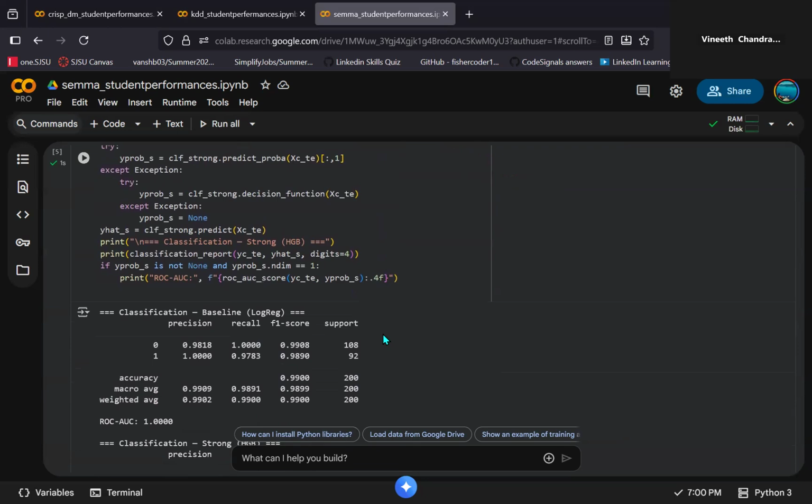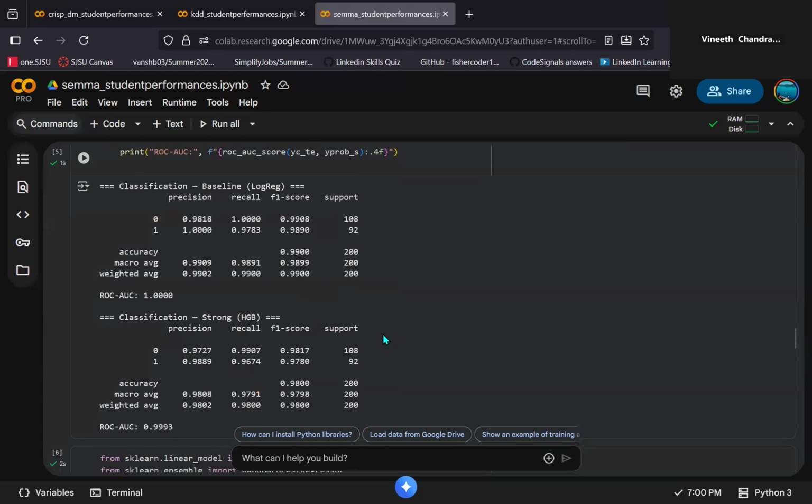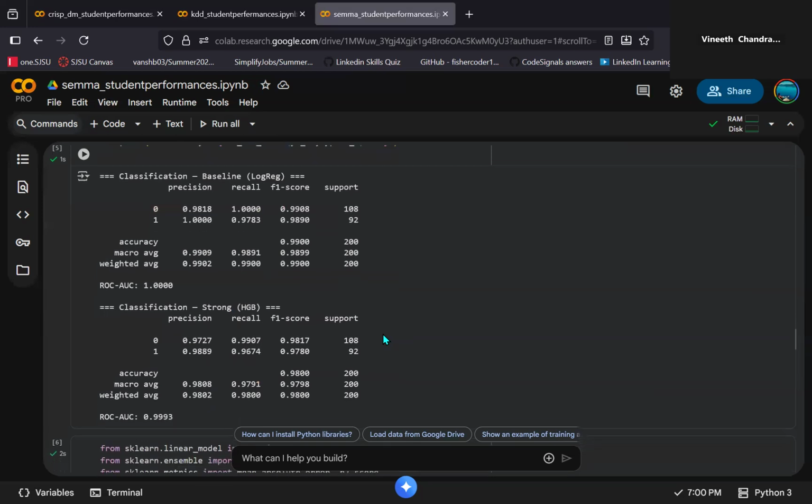The random forest achieved an R squared of 0.93, meaning it explained 93% of score variance. Pretty solid. And this is the output for the classification and the regression.